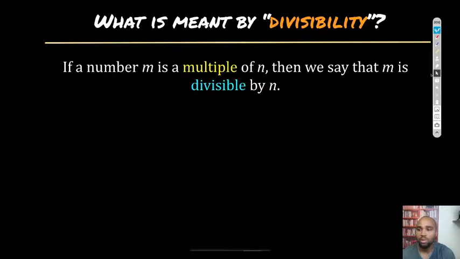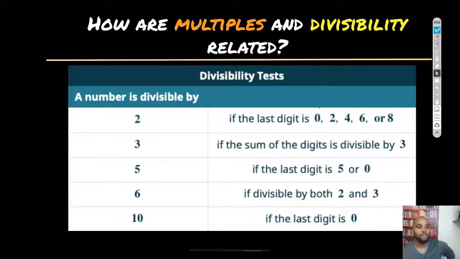Let's look at some more to make sure we get this idea. How are multiples and divisibility related? A number is divisible by 2 if the last digit is 0, 2, 4, 6, or 8. We talked about this in a backwards way: we can identify a multiple of 2 if the last digit is 2, 4, 6, 8. Now we're saying it can be divisible by 2, which is the same thing because division and multiplication work backwards.